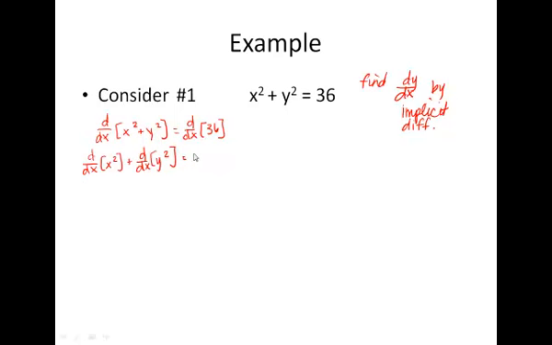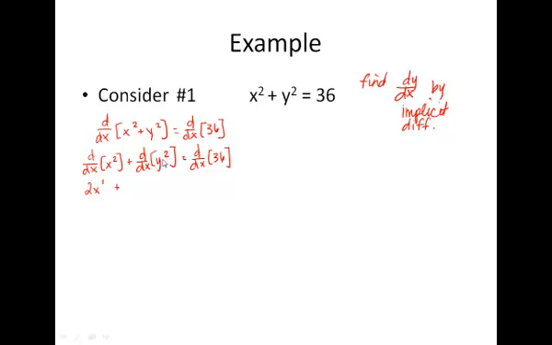I'm not going to derive anything yet, but I'm just setting myself up. So now I'm going to start using some of these rules. To derive x squared, I'm going to use the power rule. It's just deriving around x. We have 2x to the first plus. Now again, here is where we say, well, I can derive around my outer function. I don't know what y is. Y could be anything.